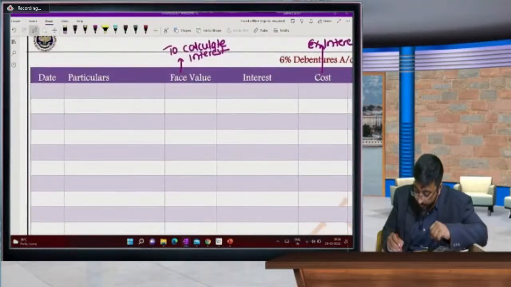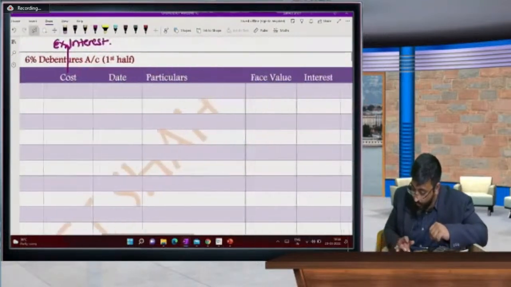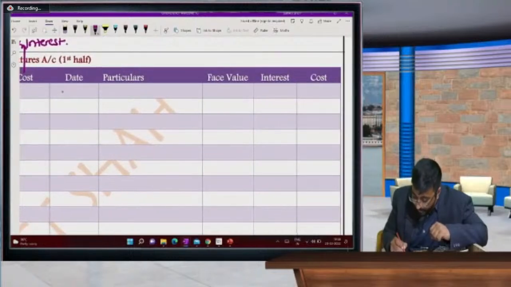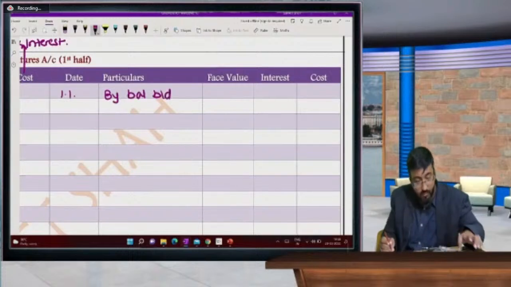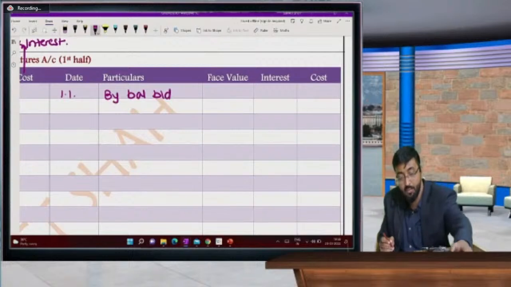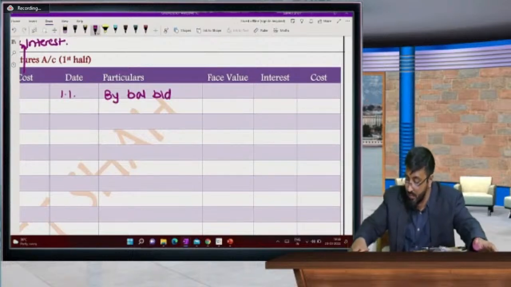Date, first one. So first day, 1st March. By balance brought down. What is the interest amount beta?